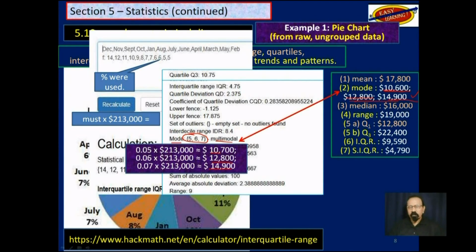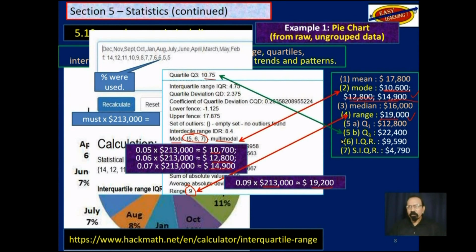So the modes correspond. The range down here, 9, multiply that by 213,000 and we get 19,200. We actually have 19,000 from our pie chart, which is extremely good.